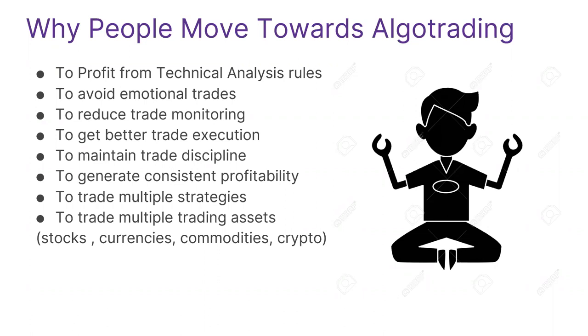So we can eliminate the human work involved in monitoring, and all those things we can assign to something like an Amibroker kind of tool. Now, some people want to control their emotions. So to avoid emotions, people jump into algorithmic trading. And some people want to reduce trade monitoring, meaning during live markets, not everybody can sit and trade, right?